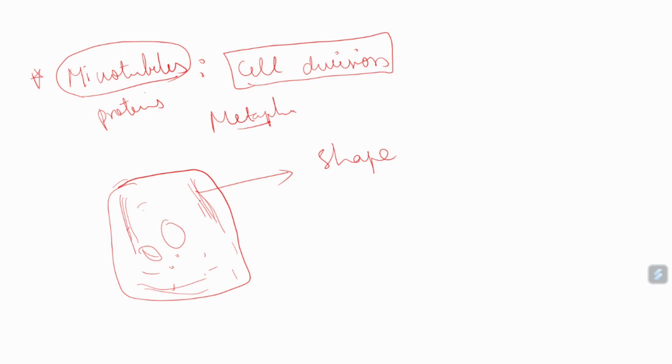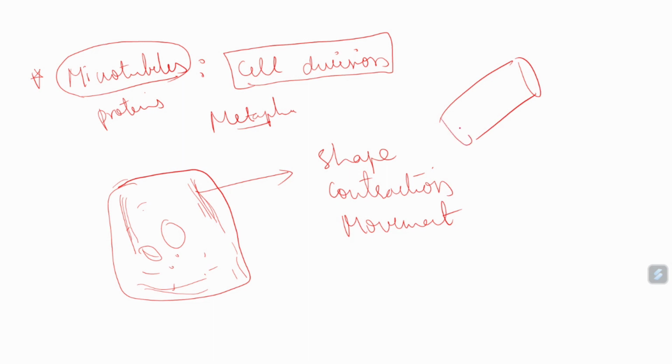Shape and structure are given by the cytoskeleton. They help in contraction of the cell, and they help for the movement of the cell. For example, in the blood we have blood cells, RBC, WBC, and macrophages, moving from one place to another. For that movement, these cytoskeletons are very important.